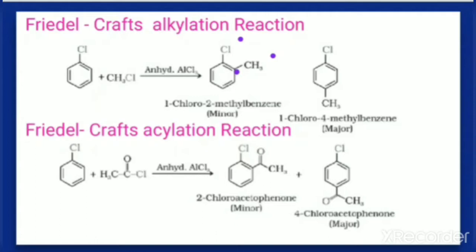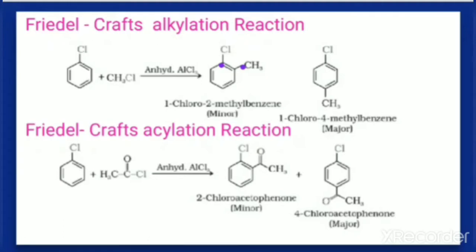Therefore, you have to give number 1 to this position and 2 to the second position, that is for CH3. So the name will come like this. IUPAC name: 1-chloro-2-methylbenzene.